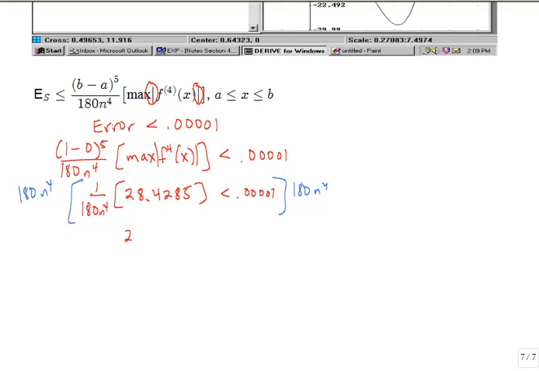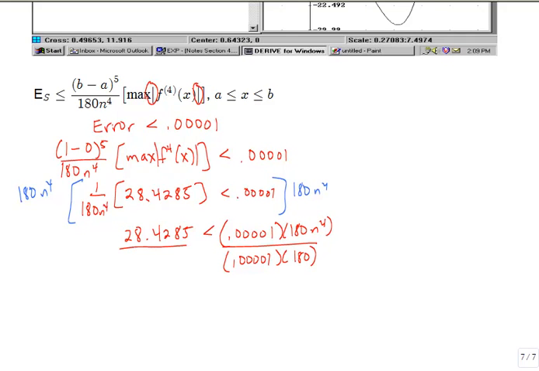That'll just give me 28.4285 less than 0.00001 times 180 n to the fourth. And I'm going to divide both sides by that decimal and that 180. That's going to give me an n to the fourth.